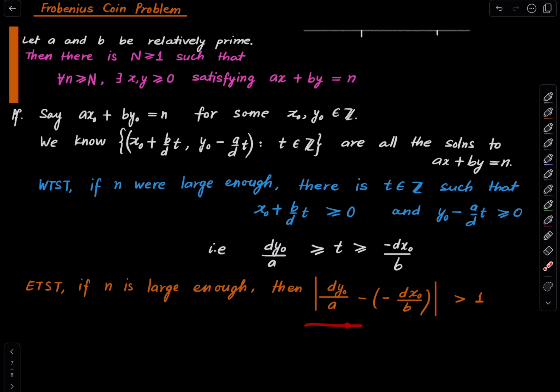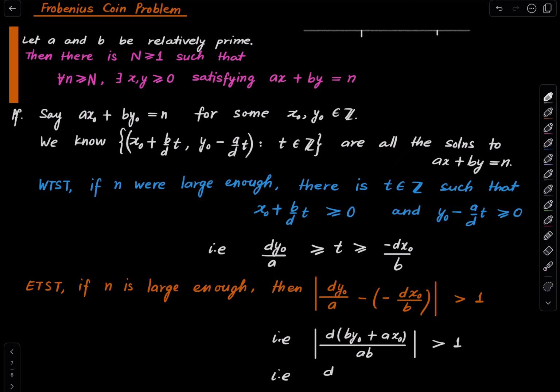But what is this? If you do the algebra, this is nothing but the absolute value of d times (by0 plus ax0) divided by ab. But what is this number? This is n. ax0 plus by0 was n because x0 and y0 were chosen as such.